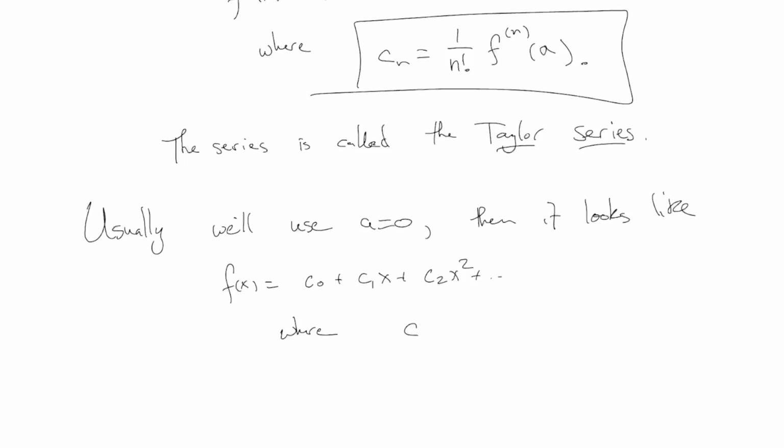And in that case, the formula simplifies, well, it looks pretty much the same, only you use 0 every time instead of a. All right? And this series is sometimes called, although I don't say this all that much, but this series, specifically when you use a equals 0, is called the Maclaurin series.